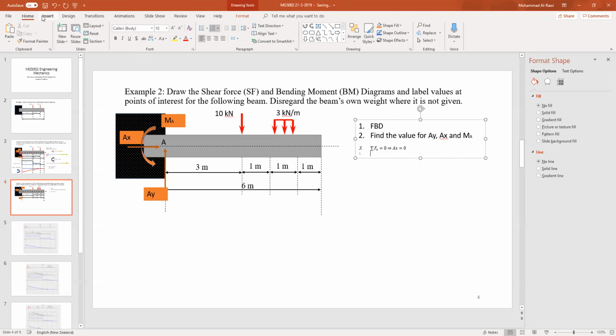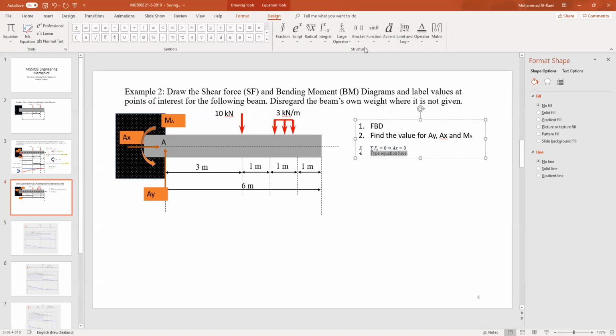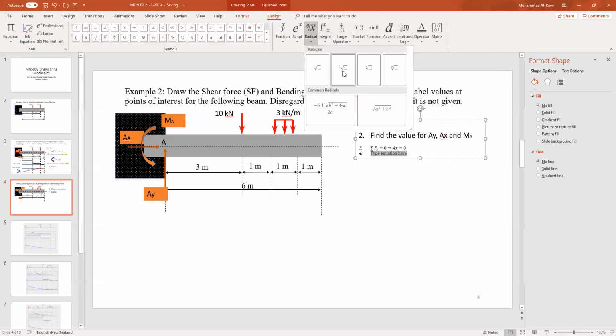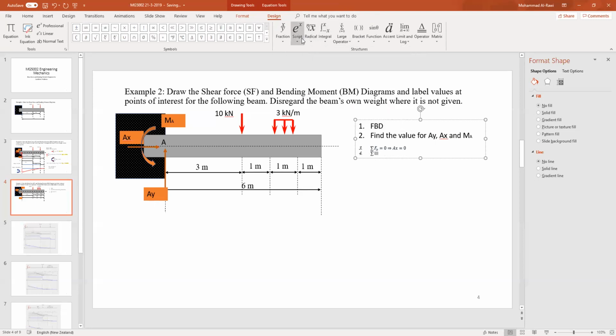Now, summation of forces in the Y direction equals 0, and this will lead to AY going up, against what you have: the 10 kilonewtons plus the 3 times 1, which is the UDL.